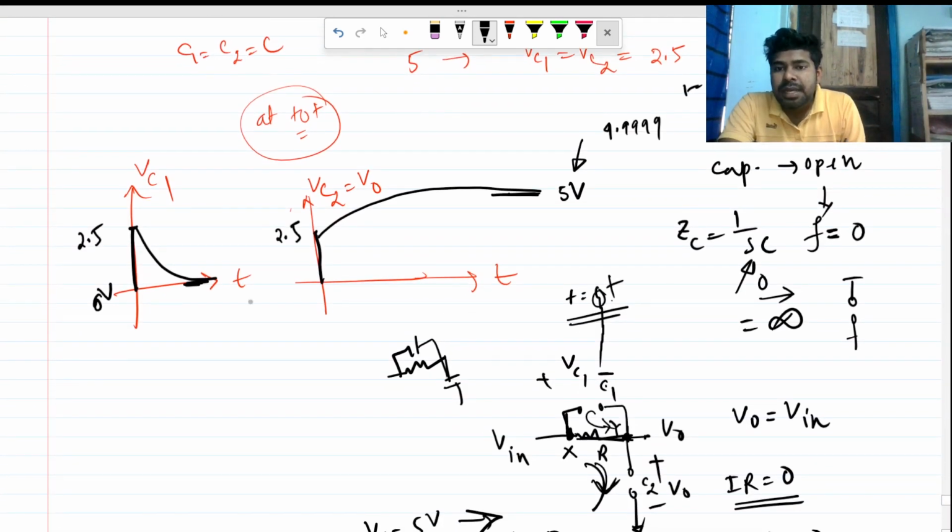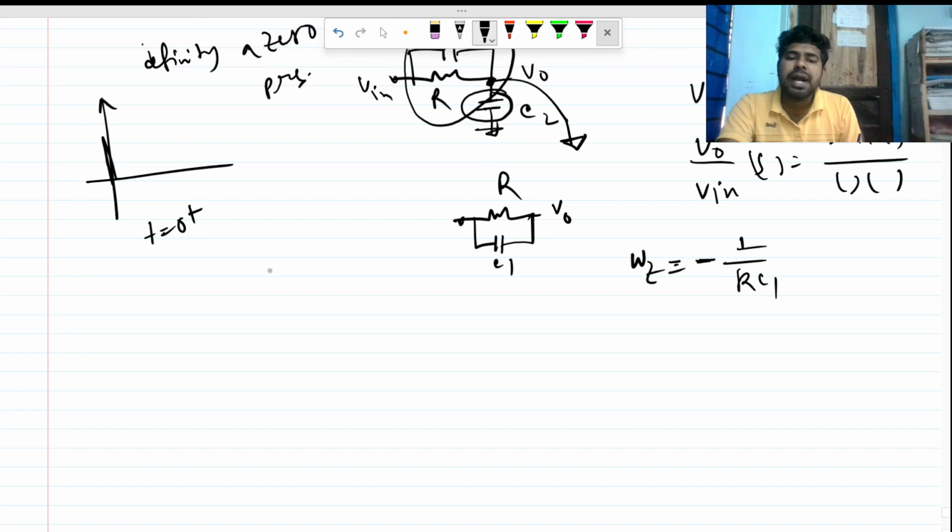We can see that at t equals 0 plus there is a certain jump in the voltage across the capacitance. So this means there is definitely a zero. This is the time domain analysis to find a zero.